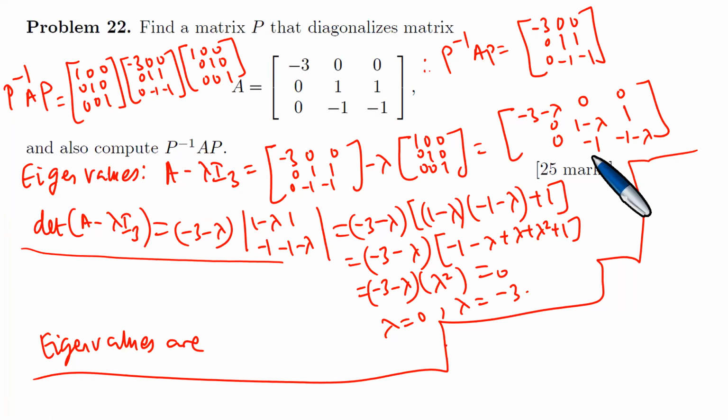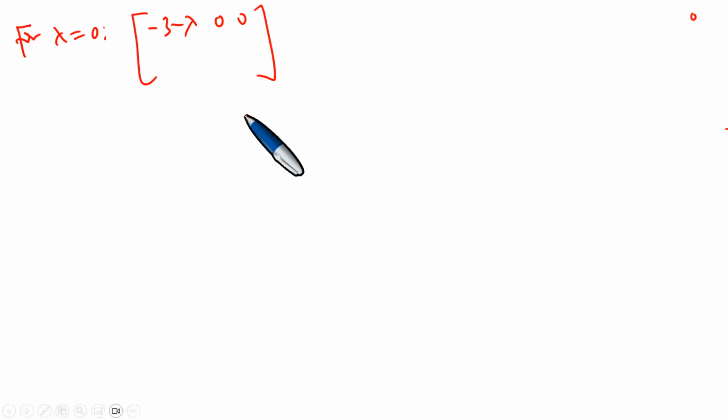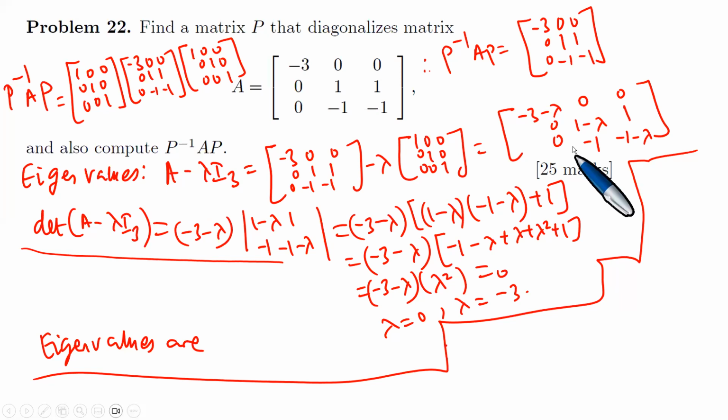So you'd realize, therefore, that this matrix is defective. I can copy this matrix here, so it's minus 3 minus lambda, minus 3 minus lambda, then you have 0, 0. And then you have 0, 1 minus lambda, 1.